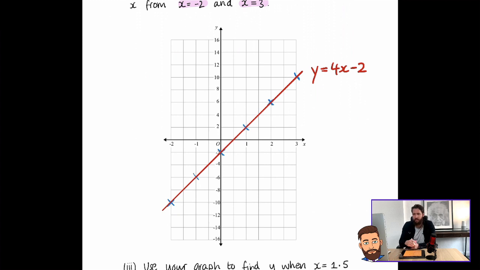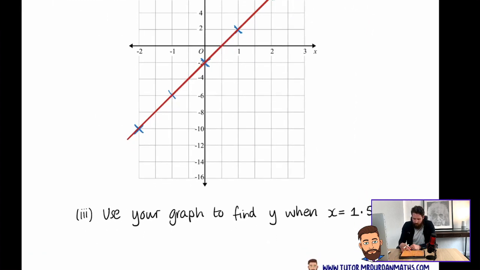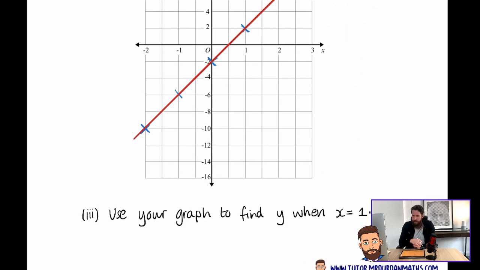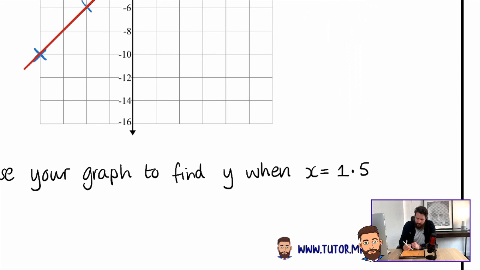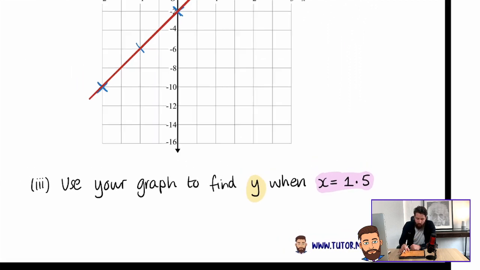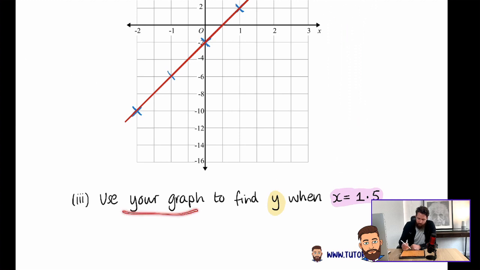This question has a third part to it, and the third part says use your graph to find y when x is 1.5. When x is equal to 1.5, what is y? And we have to use our graph. Well, what does that mean?